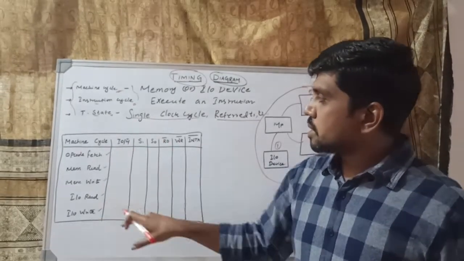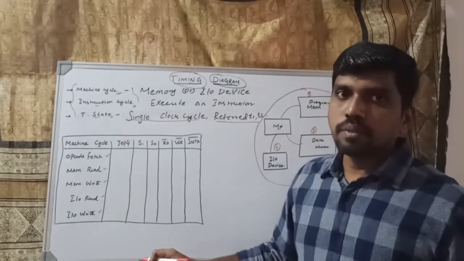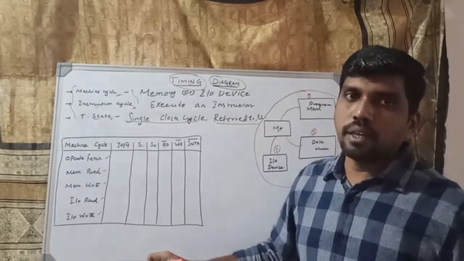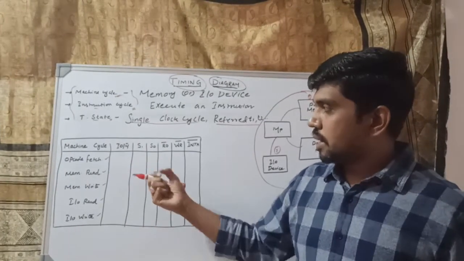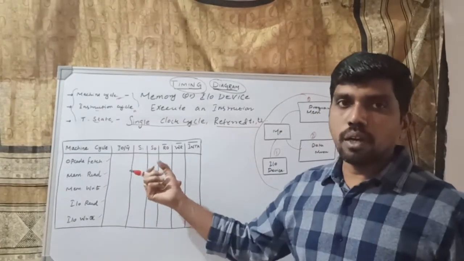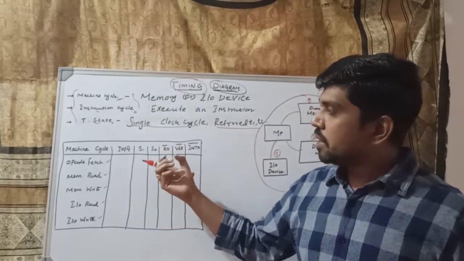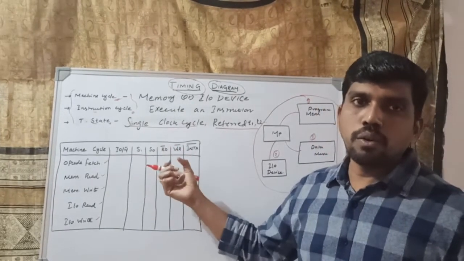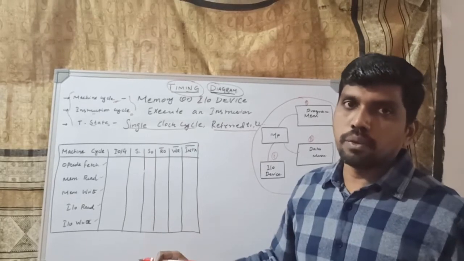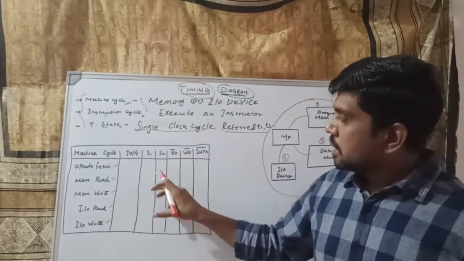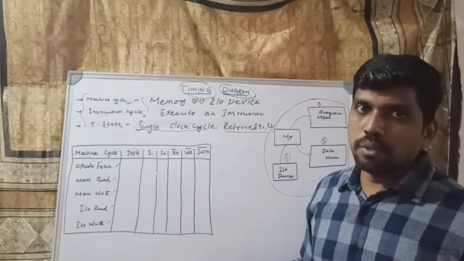This table gives the status of the timing diagram: where the data comes from, memory location or IO devices, and whether the information is read or written. That is checked with the help of the table.